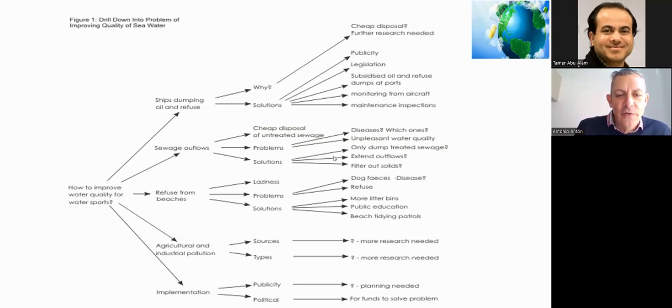The same in terms of refuse from beaches. The same problems perhaps come from the dogs, the defecation of the dogs. So the solutions perhaps are public education. So we divided how to improve into different areas. You need perhaps more information on agriculture, and implementation needs more information.